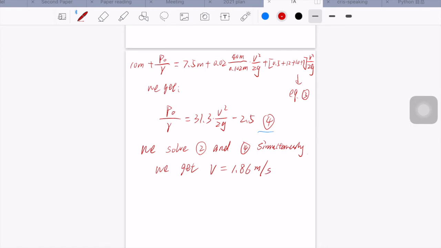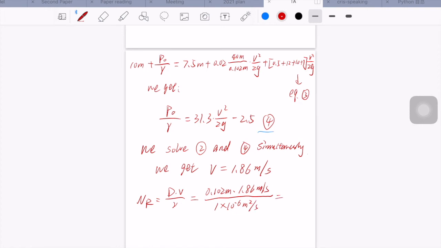Then we have the velocity value, so we can calculate the Reynolds number. The Reynolds number equals D times V divided by kinematic viscosity. So this is 0.1 meter times 1.86 meter per second, divided by 1 times 10 to the power of -6 square meter per second.